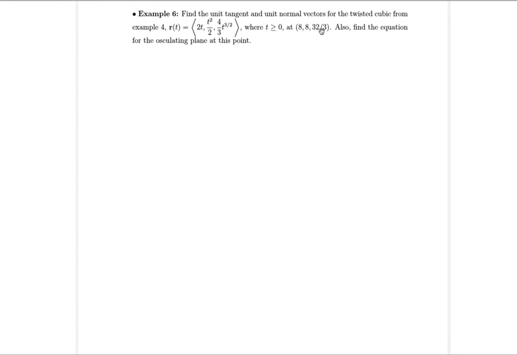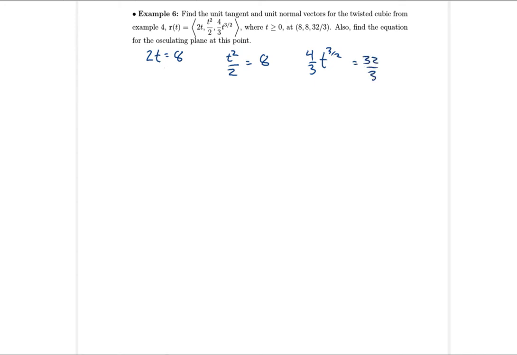Okay. So remember, anytime we're doing something like this, where we want to do it at a point, we've got to figure out what t value that point goes with. So first order of business is to say, I know that 2t needs to equal 8. I know that t squared over 2 needs to equal 8. And I know that 4/3 t to the 3/2 has to equal 32/3.